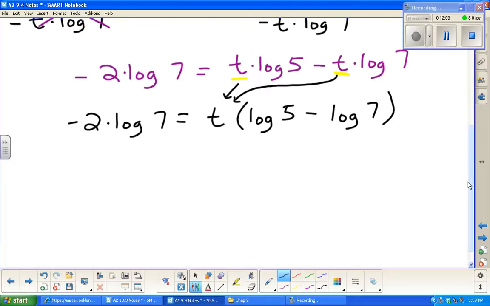Check that that would distribute back out to t times the log of 5 minus t times the log of 7. And I did that now because I can get this t by itself if I just divide both sides by log of 5 minus log of 7.